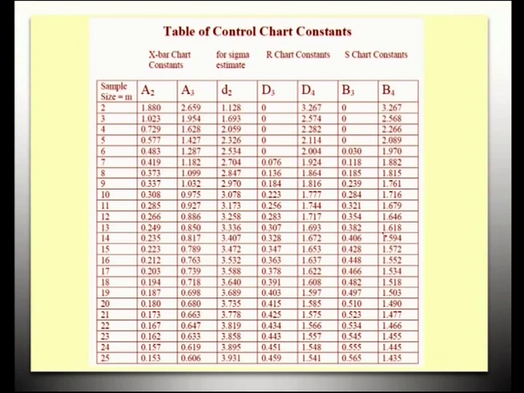These A values, D values, B values are already calculated and tabulated in this format, with sample sizes from 2 to 25. A2 and A3 are for the x bar chart, D2 is for the sigma estimate, for the R chart constants we have D3 and D4, and for the S chart constants we have B3 and B4.